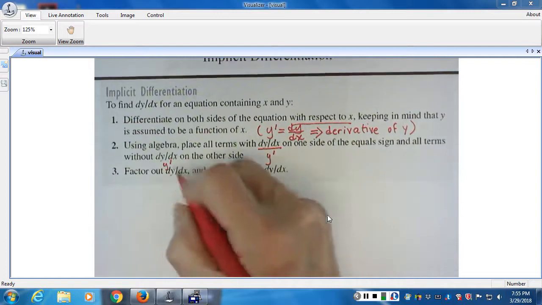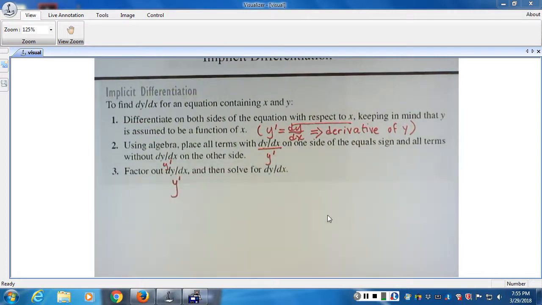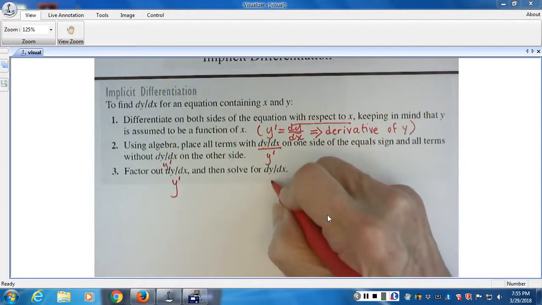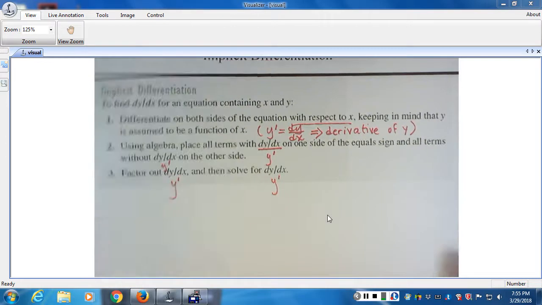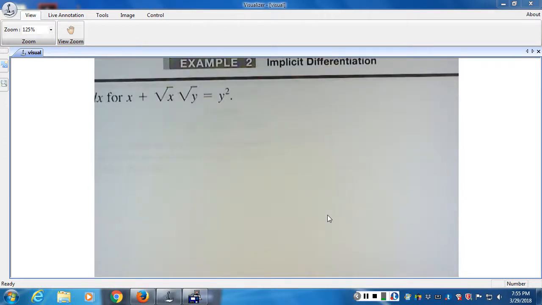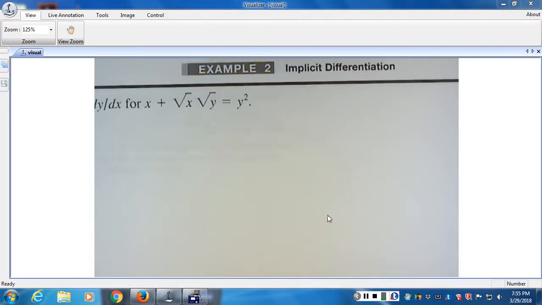Then you factor out your y prime and solve for y prime by itself. So there's your steps. And the only way to get good at it is to practice. Yeah, I told you I was going to do some ugly ones for examples, because if you follow the ugly ones, then the non-ugly ones are a piece of cake.